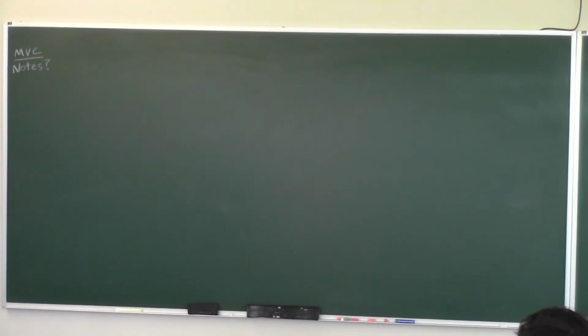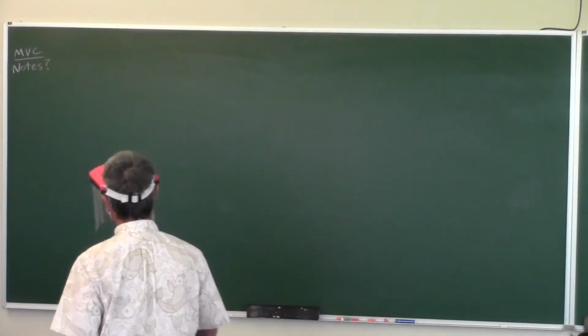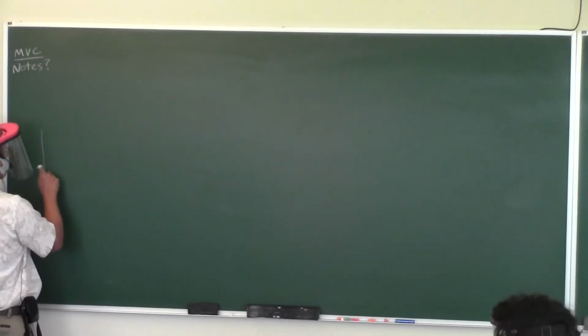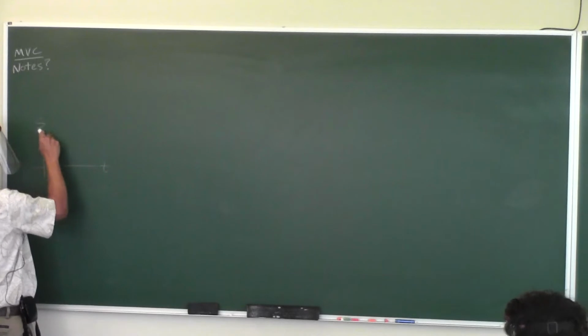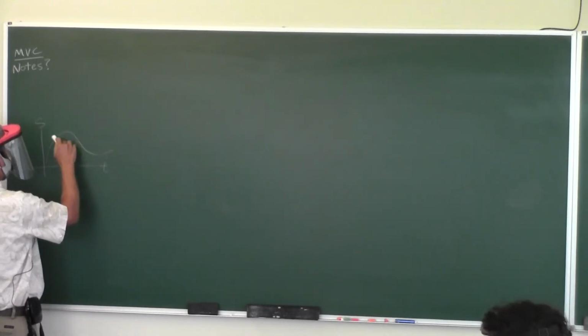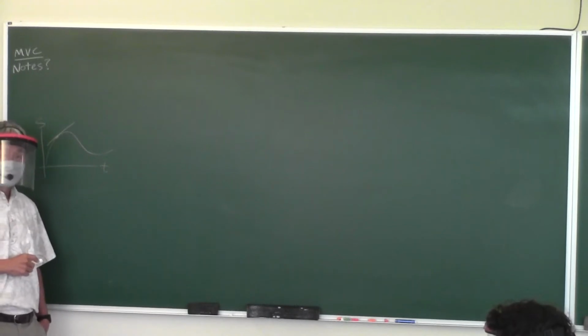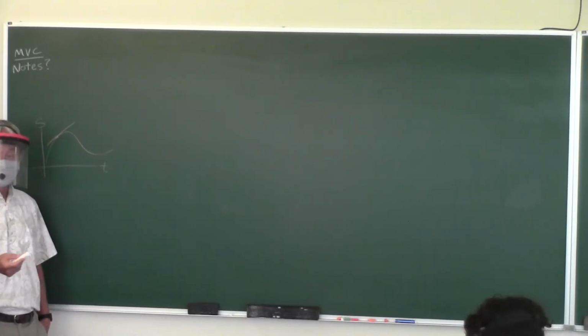All right, today's lesson is physics, pretty much. So, we discussed this before. If you are given the graph of time versus position, then what does the slope of the tangent line tell you? The instantaneous velocity.